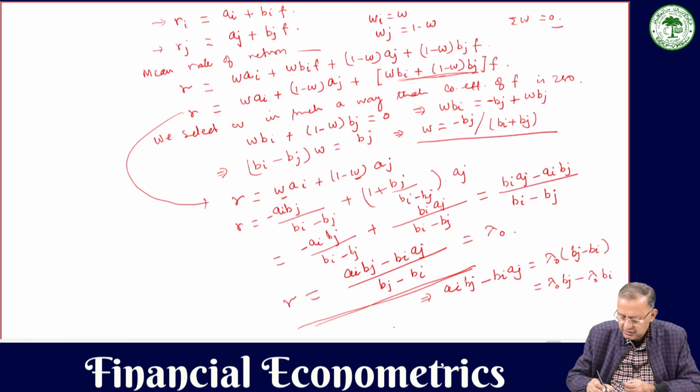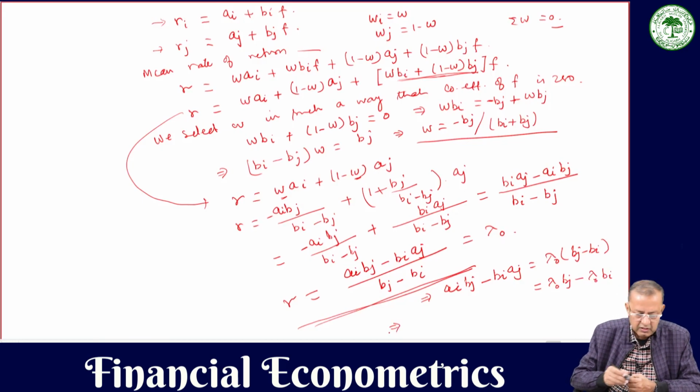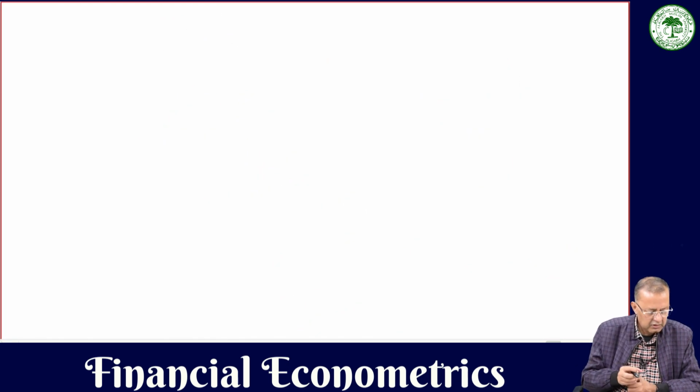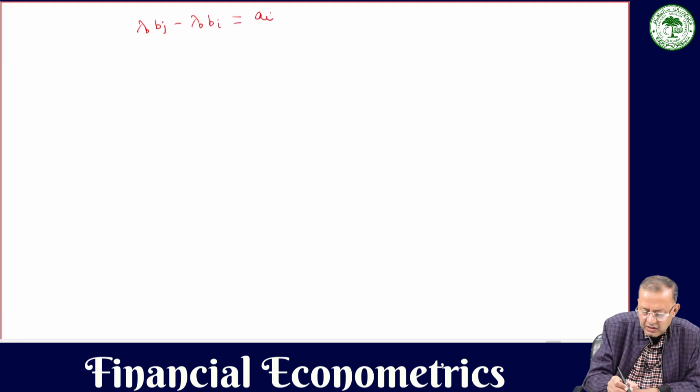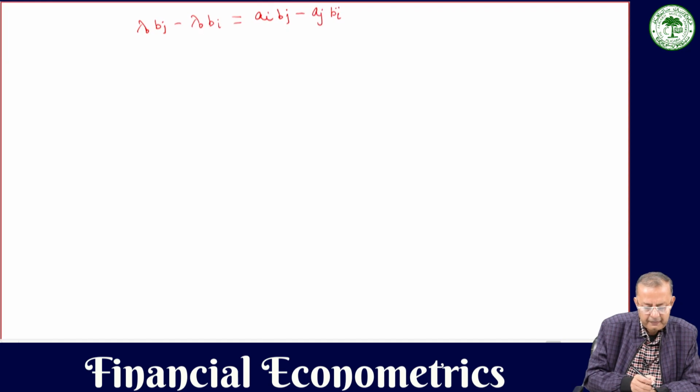Now we take this to another page. We have lambda 0 into BJ minus lambda 0 into BI, which is equal to AIBJ minus AJBI.